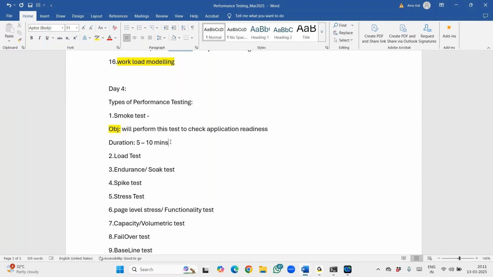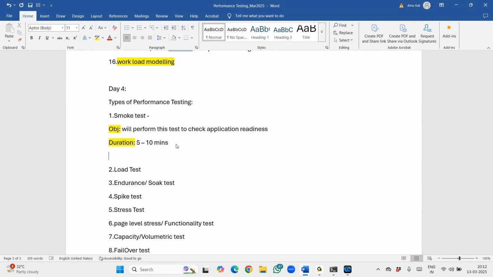With the smoke test you can easily identify what is causing the issue and tell them it is blocking us from going ahead with performance testing. For the same reason, no matter which type of testing you are doing, you need to perform this 5 to 10 minute test.